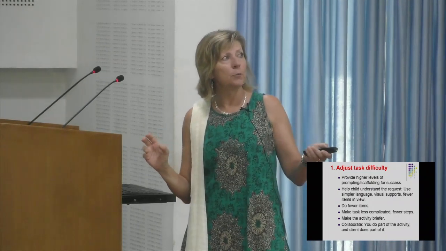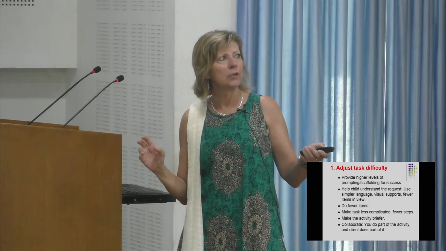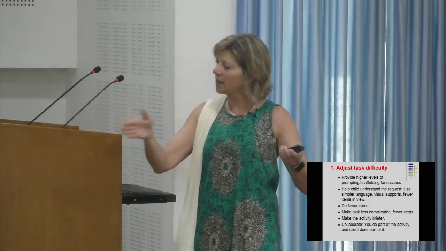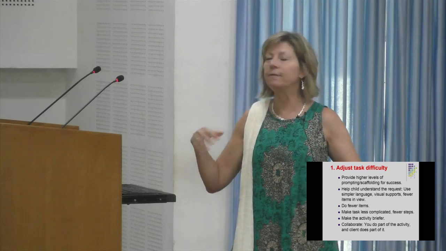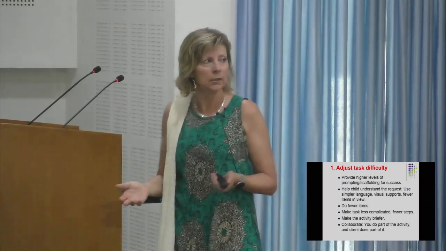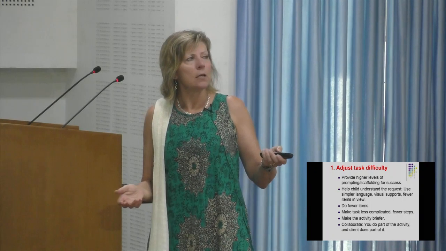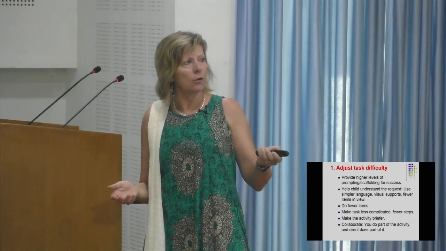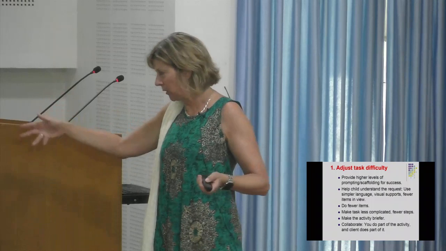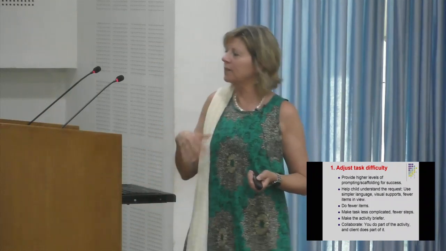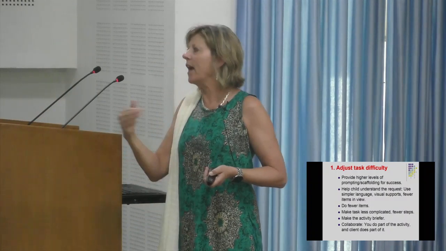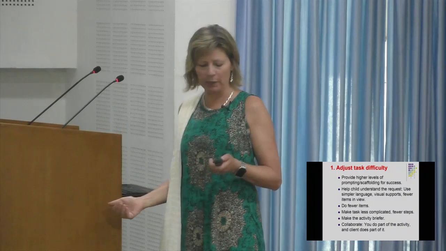Or it might be using simpler language. If it's a task on the table, it might be having fewer items in view. It may be also, this will get to our next one, but it might be just having a routine so that helps them understand what to expect.